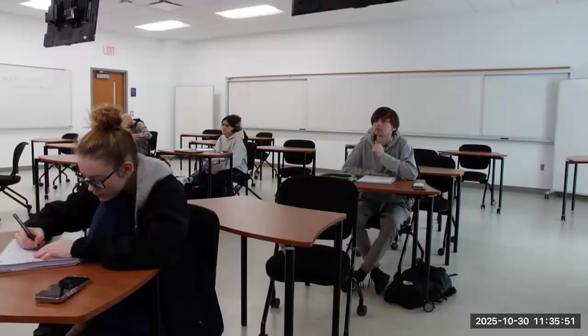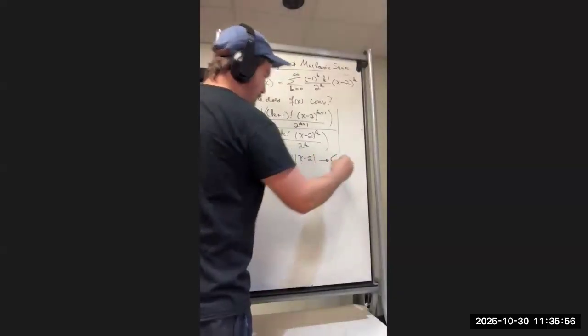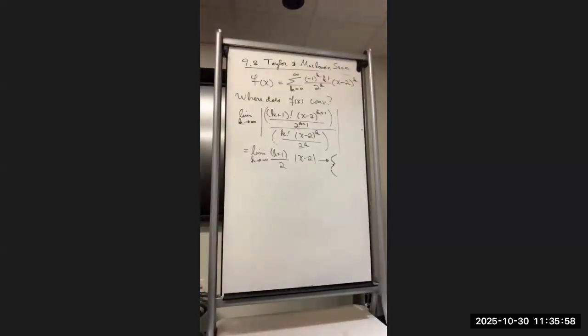But then we have the x minus 2 term. So we saw this example before. If we're thinking about this in terms of what values of x I choose, what will happen with the sequence here?